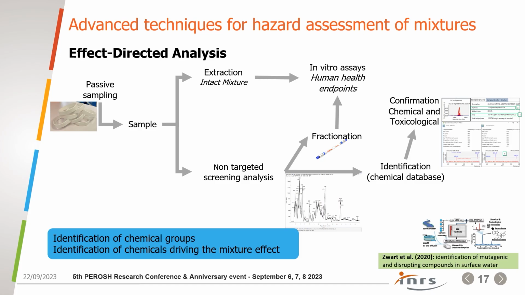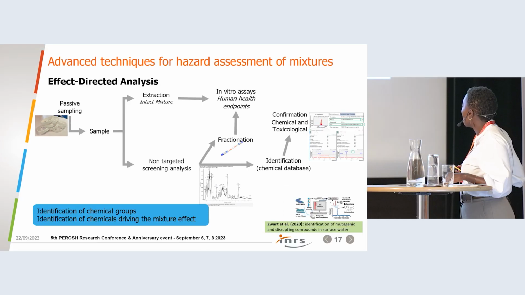Effect-directed analysis is depicted in this diagram. In an EDA analysis, a sample, why not, it can be a silica-resistant sample, will undergo in parallel toxicity testing using several health endpoints, and also chemical testing to identify the components in this mixture.